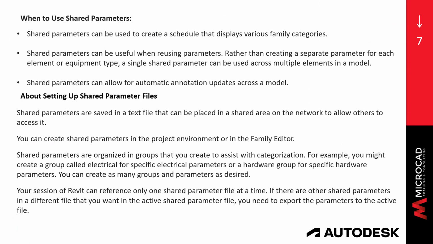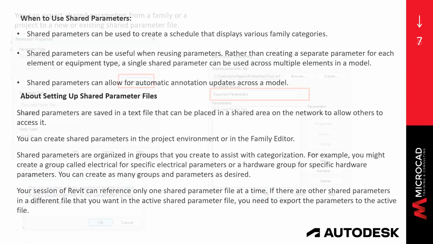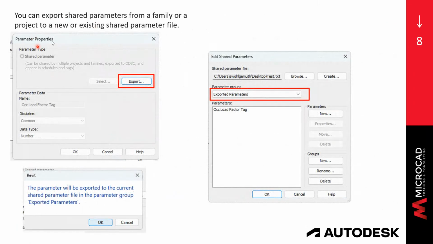As I mentioned before, and this is very important, my last point here: your session of Revit can reference only one shared parameter file at a time. If you have other shared parameters in a different file, they can be exported from one file to the other.